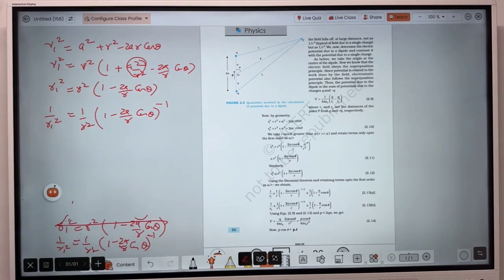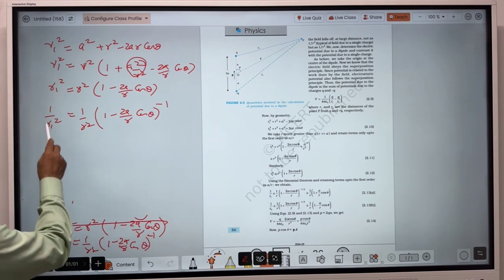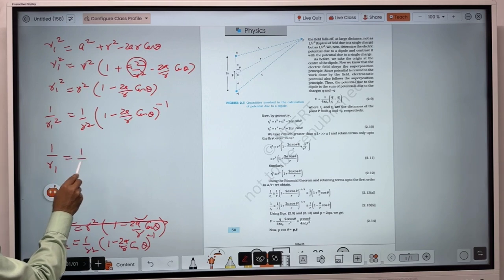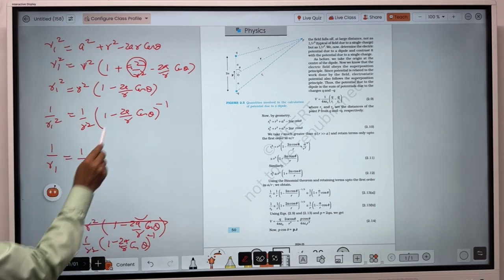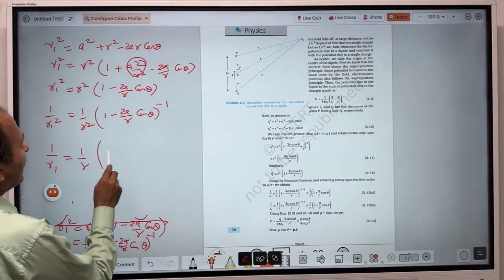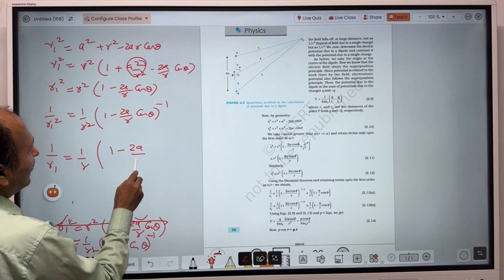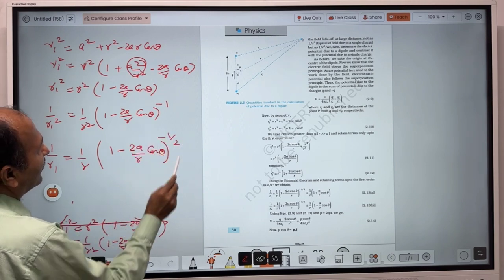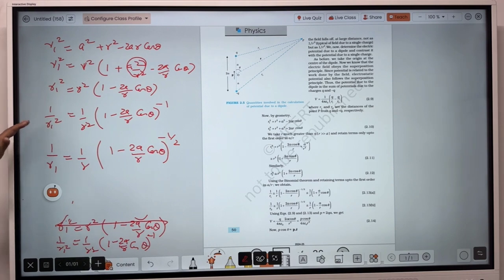Up to here I think there is no problem. Now you need 1 upon r, so just take square root. So this will become 1 upon r1 equal to 1 upon r, and here you are taking square root, 1 minus 2a upon r cos theta whole power minus half. I have taken half power from both the sides.